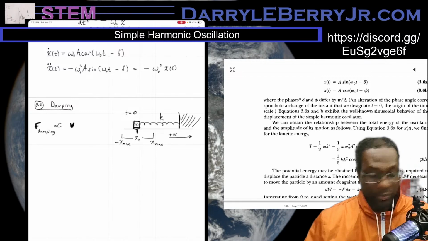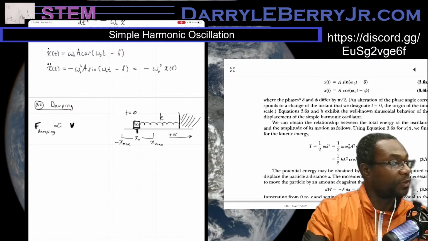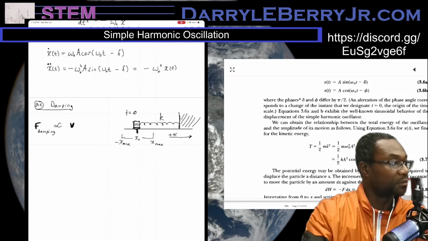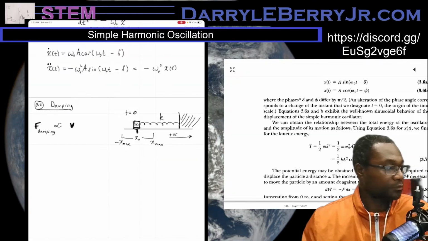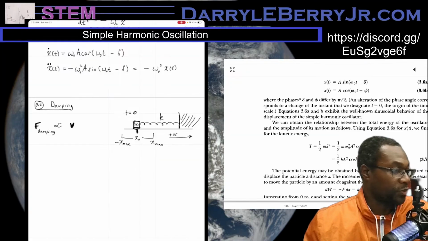Let's see if friction is proportional to velocity. I don't even know. Let me do a search: is friction proportional to velocity?